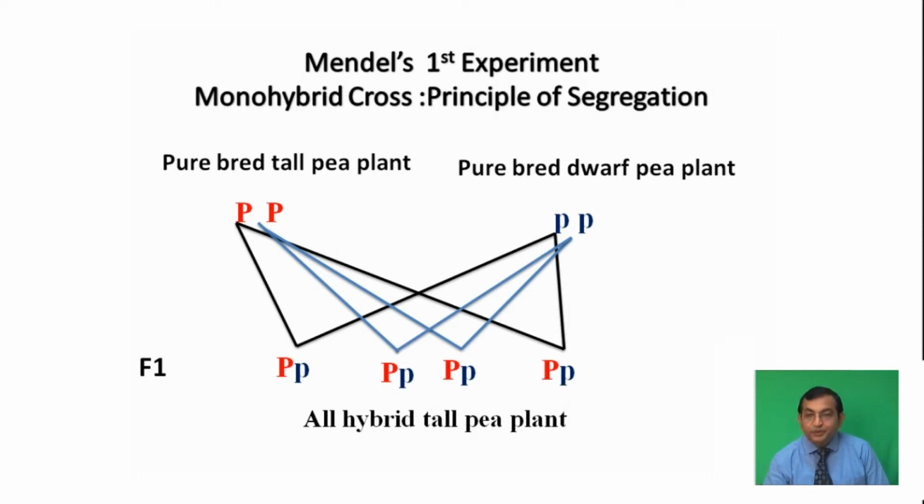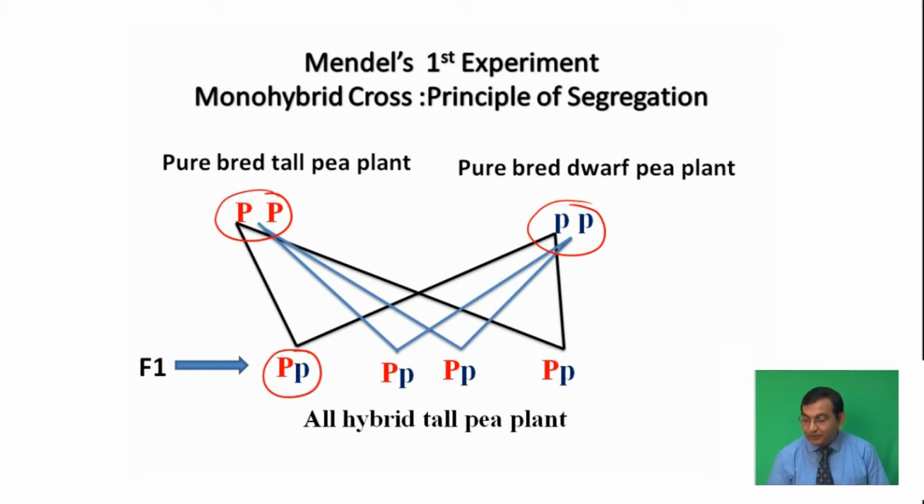The pure breed tall pea plant is represented by capital PP and small pp represents the dwarf pea plant. In the F1 generation, he obtained all hybrid tall pea plants and the genotype is capital P, small p.